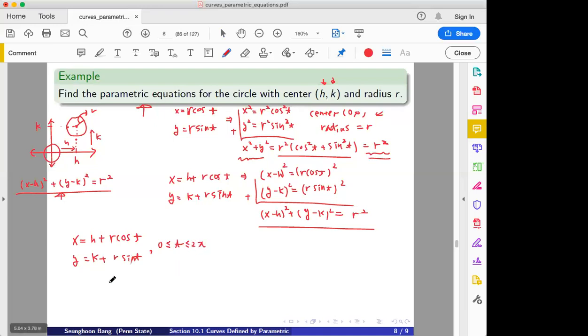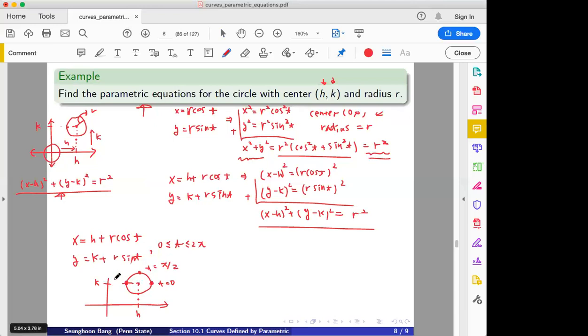You can just sketch the graph. What happens? The graph is like this. Here, yes, we have a circle. Here, this is exactly h. This is the k. So what happens? At this point, the t value is 0. This point, t value is pi over 2.